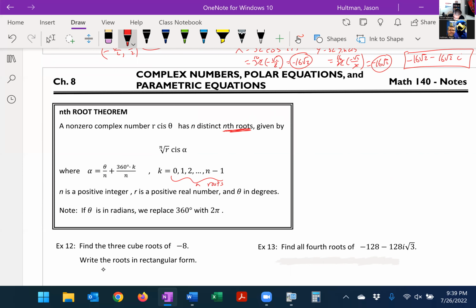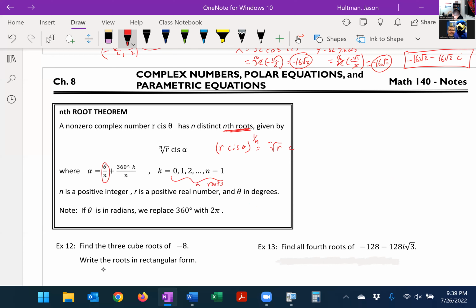Now what's happening here with this theta divided by n? Think of it like this. If we had r CIS theta but raised it to the 1 over n, wouldn't that be r to the 1 over n, or the nth root of r, and then multiplying the angle by 1 over n is the same thing as dividing by n?